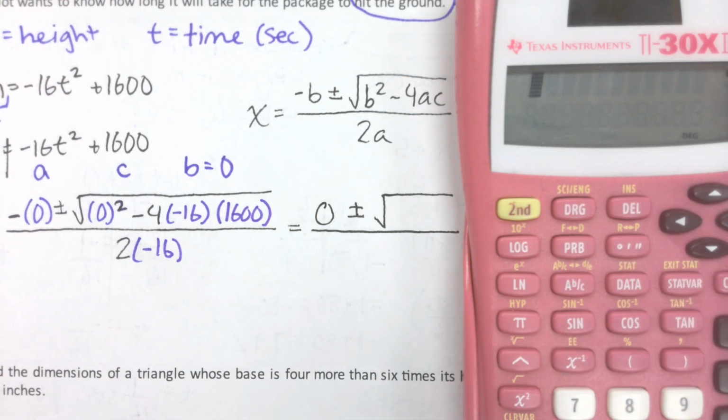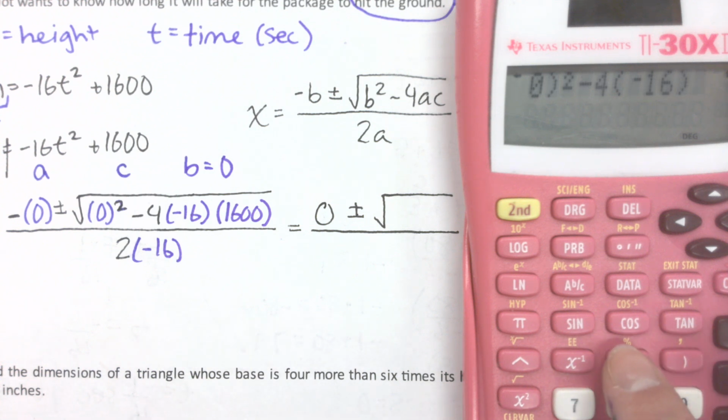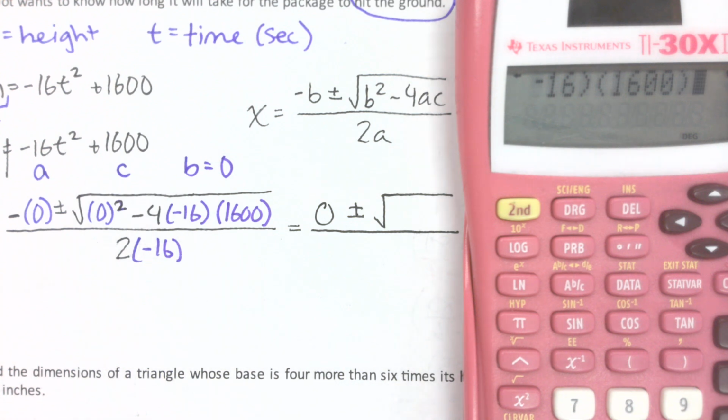Don't just let me do all the work. 0 squared minus 4 times negative 16 times 1600. Put this in your own calculator, please. Make sure you get the same answer that I do.